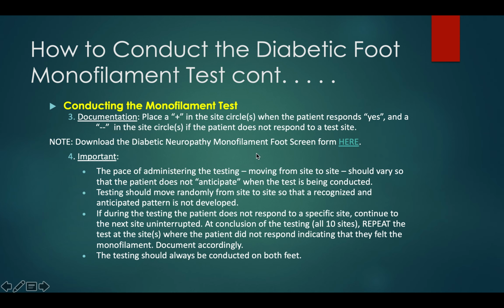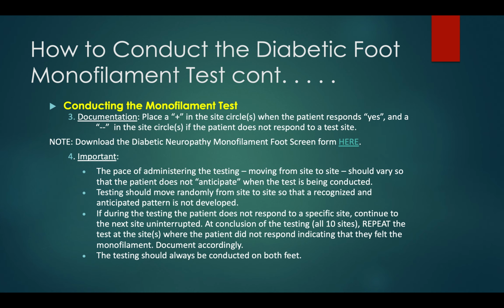Now, just a couple last points here specific to the test. When conducting the test, the pace at which you move from one site to the other should vary so that the patient doesn't get into a rhythm or a cadence and anticipate when the next test is being conducted, which could give you some false information.